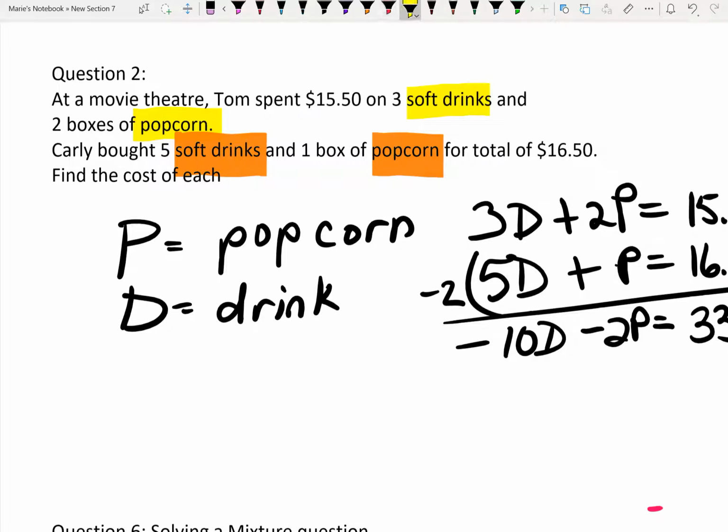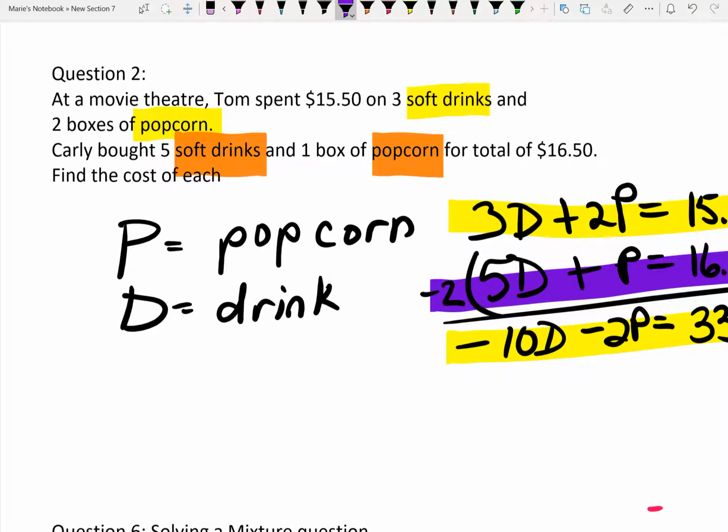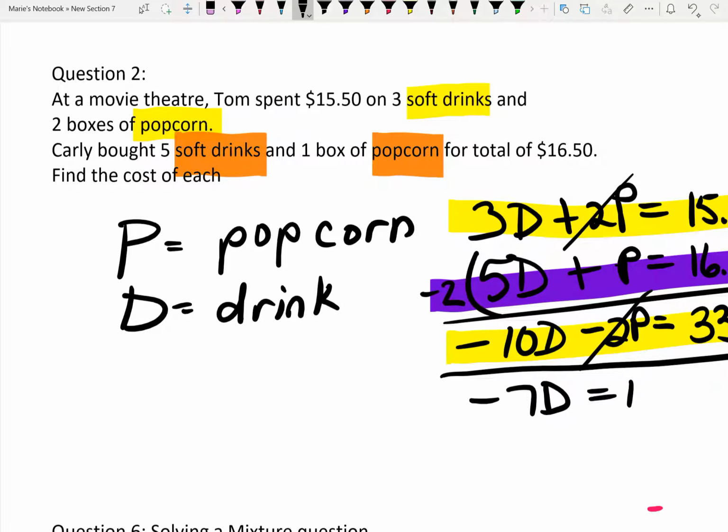Okay, so now I'm looking at these 2 sentences. I'm looking at this sentence and I'm looking at this sentence. And I want to combine those 2 because I've already broken this one down, right? That's what that became. Alright, and so now I have -7D. The P's have now canceled. And 33 minus 15.50, that's going to give you 17.50.